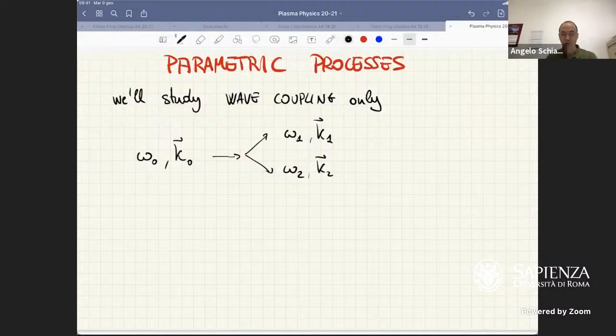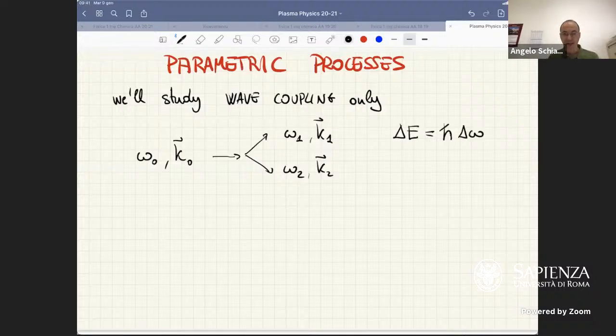So what we are going to use now is to imagine that our waves are made of discrete wave packets that we call, for instance, photons for the electromagnetic wave. So a particle or a quantum of wave will have an energy associated with the wave, which is h bar omega.